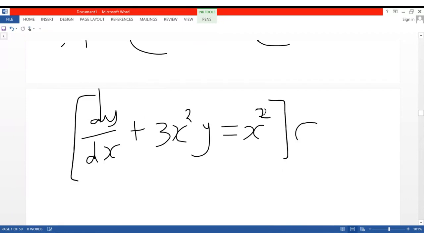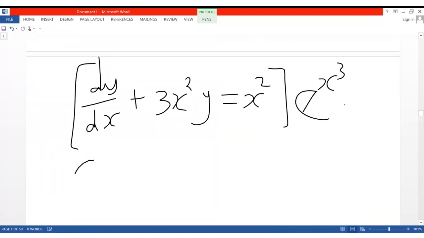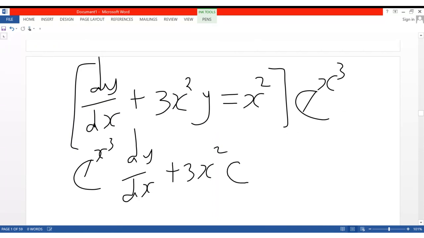Let me multiply each and every term. So you'll get exponential x to power 3 dy all over dx plus 3x squared exponential x to power 3 y is equals to x squared exponential x to power 3. So I multiplied each and every term.